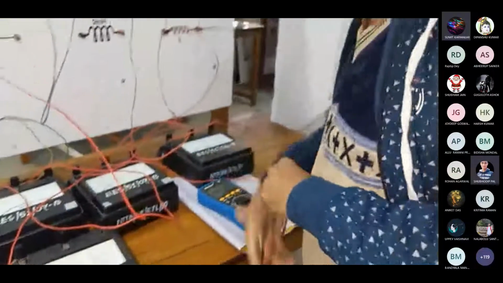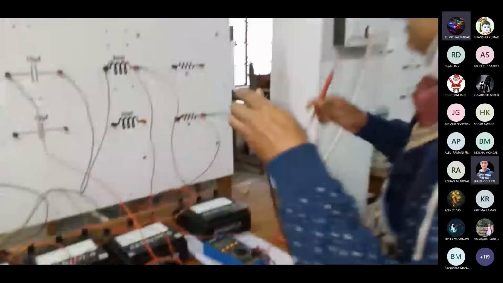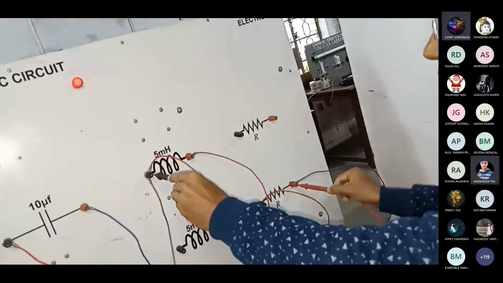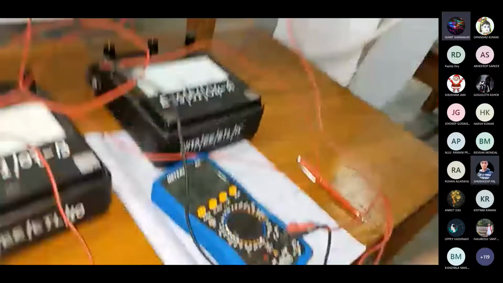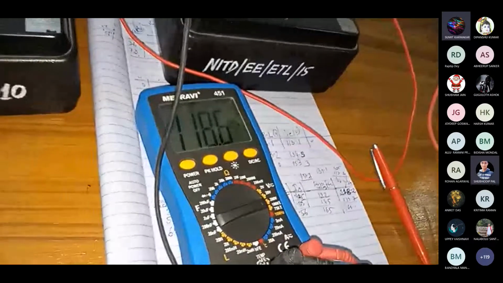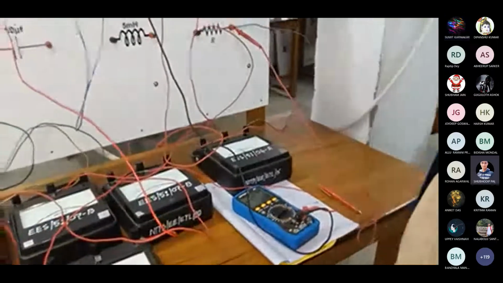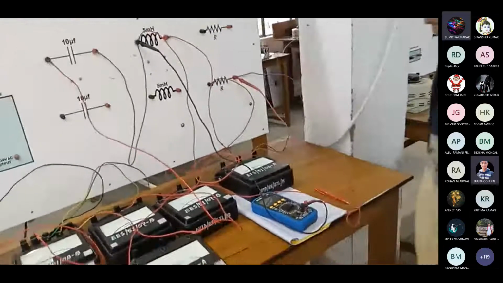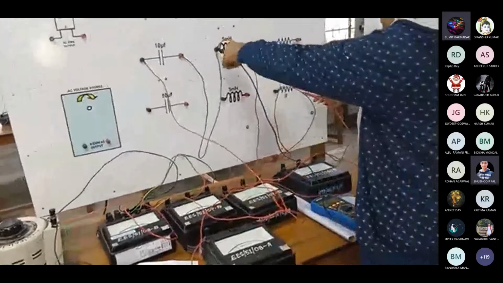Right now, you see, using this probe we can measure the voltage across RL. What voltage will it show? You can measure it. So what is the voltage you will get? Are you getting the point? In the previous case you have seen, right? We are supposed to measure the voltage by this ammeter.